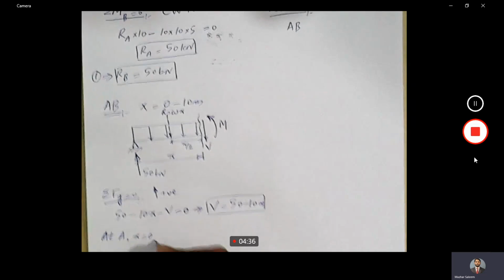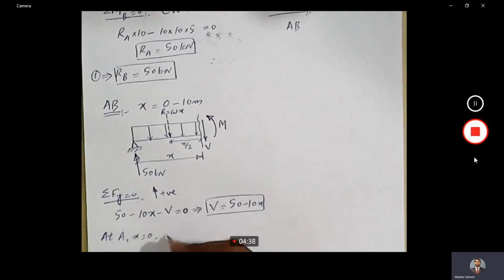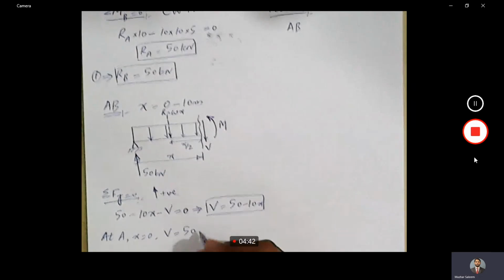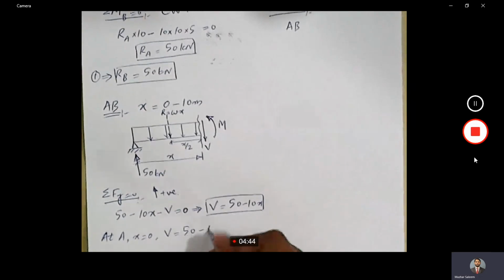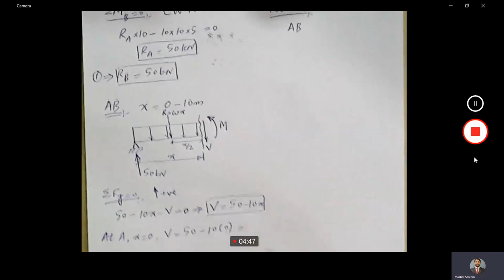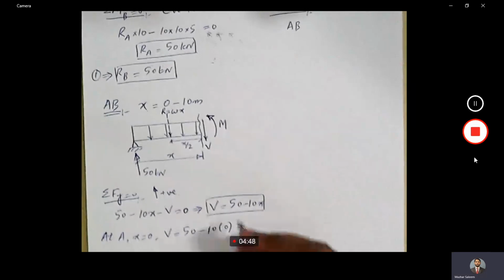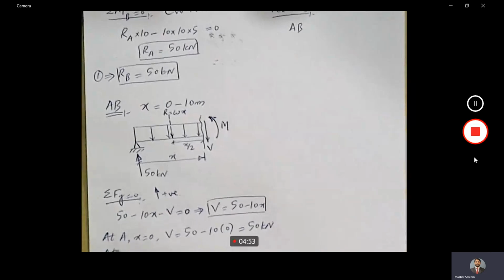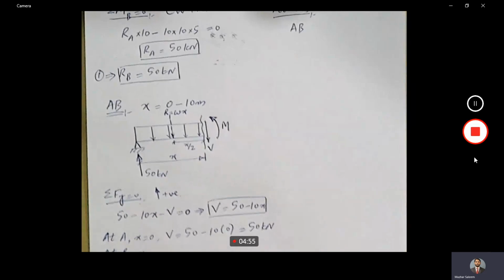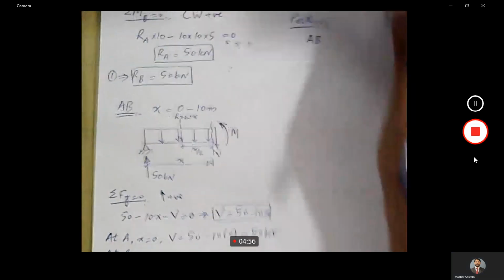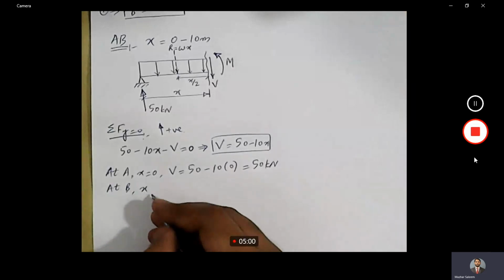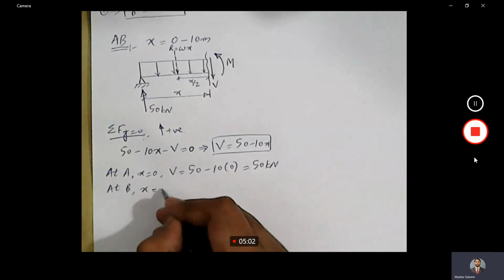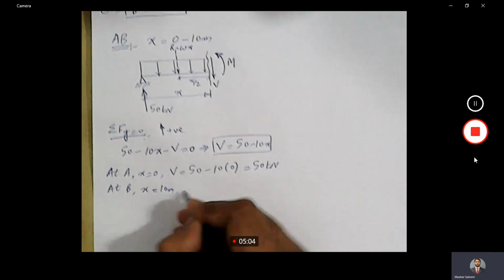So we will say at A, X is equal to 0. So shear force will be equal to 50 minus 10 into 0. How much is that? That is 50 kilonewton. And at B, sorry, at B, x is equal to 10 meters.